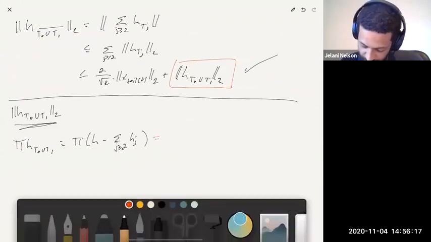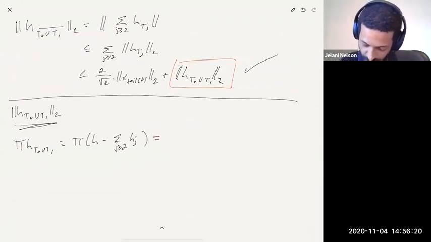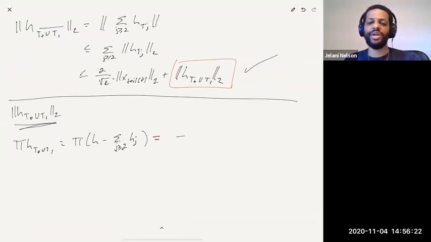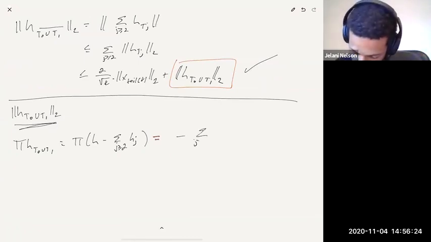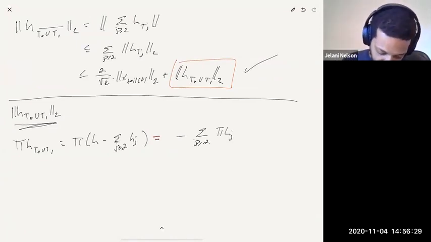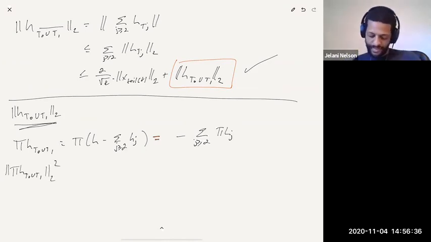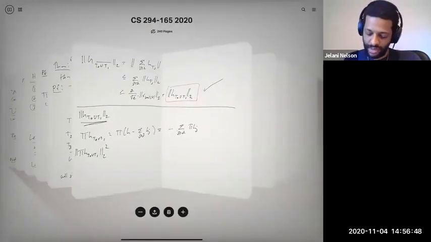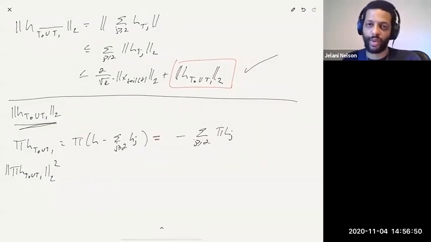Anywho, pi h is 0. So this is equal to negative the sum over all j of pi h tj. Now if we start talking about pi h t0 union t1, we're trying to understand the L2 norm of this vector. t0 is k coordinates, t1 is k coordinates, so t0 union t1 is at most 2k coordinates.